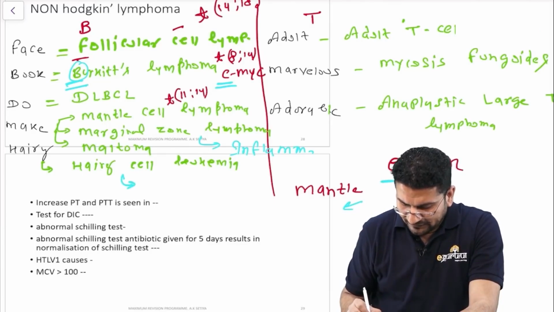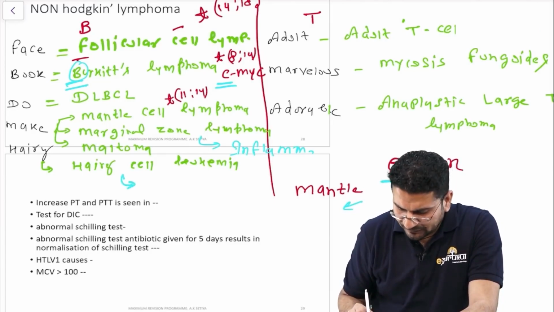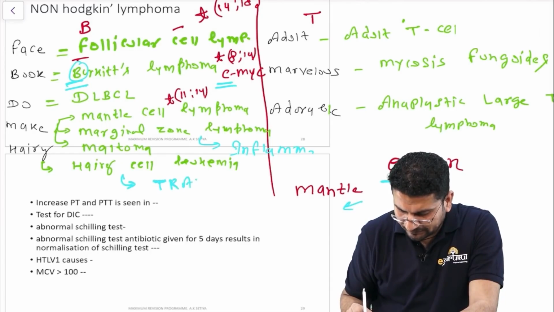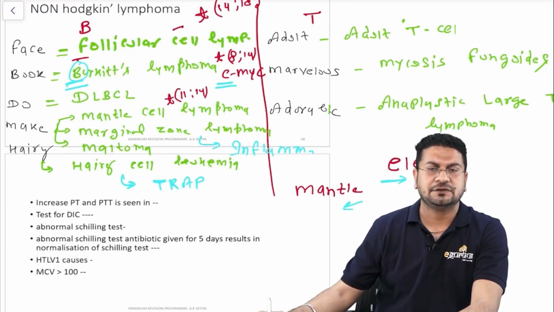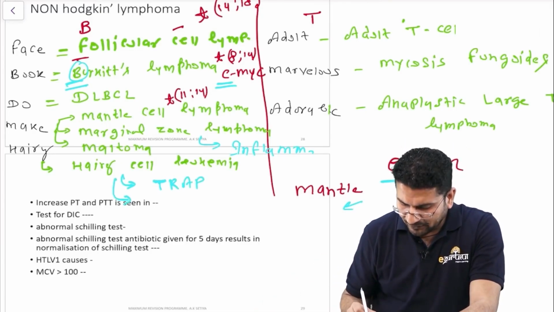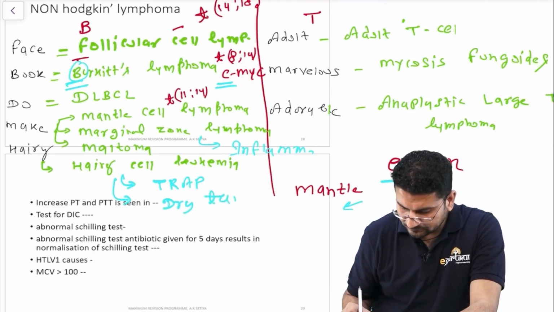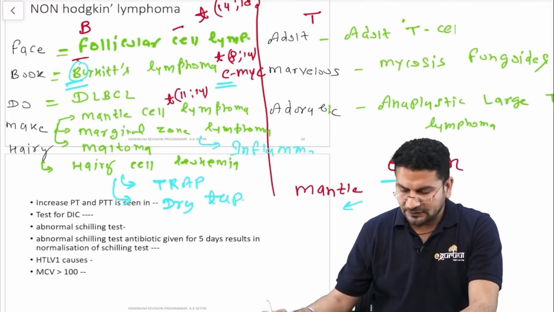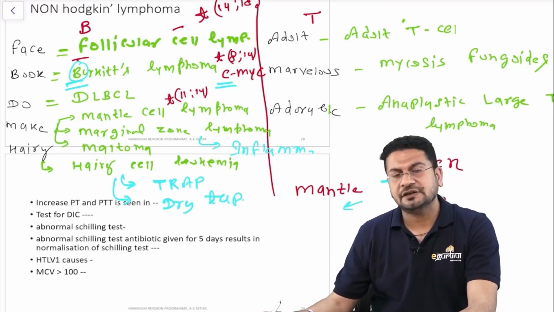Hairy cell leukemia cells are positive for a dye called TRAP, tartrate resistant acid phosphatase. In the biopsy and aspiration you will find a dry tap. The drug we use to treat this is cladribine.